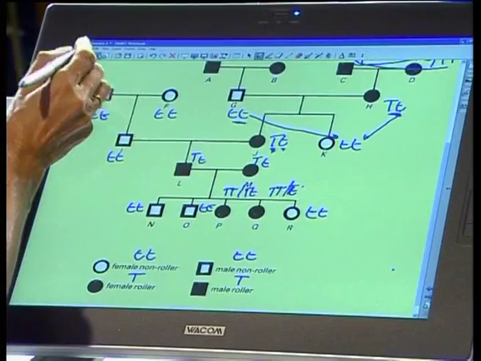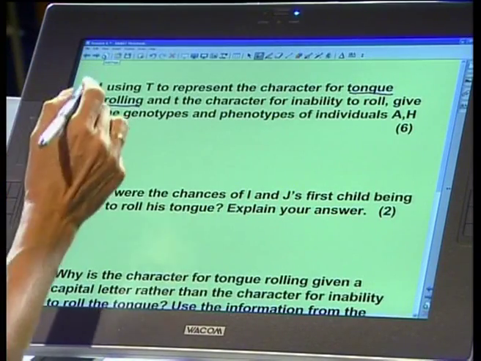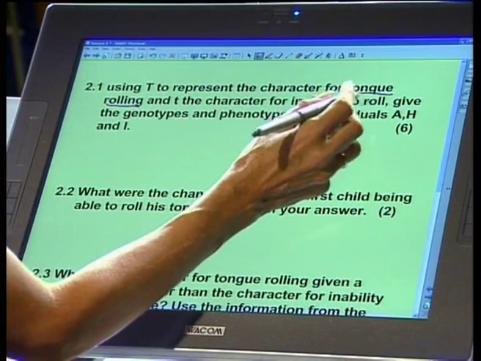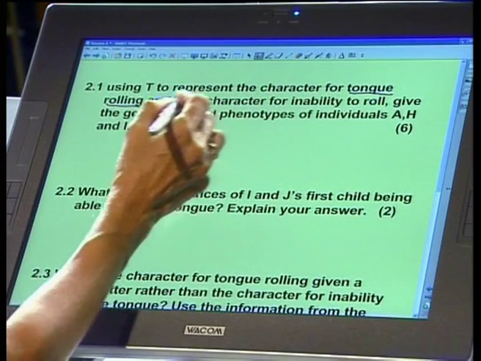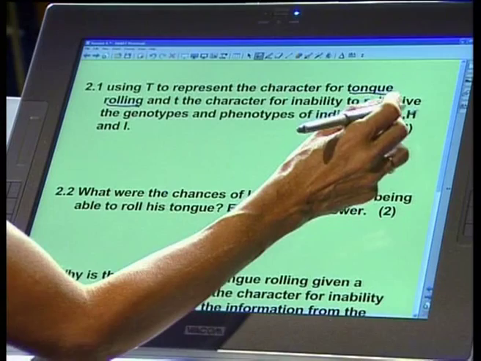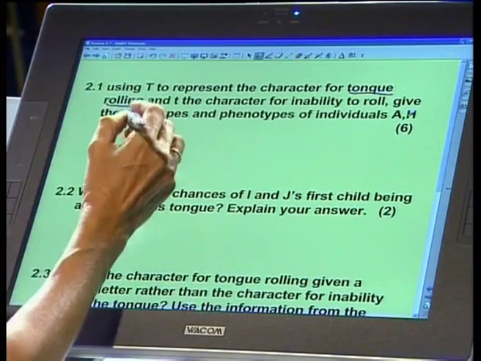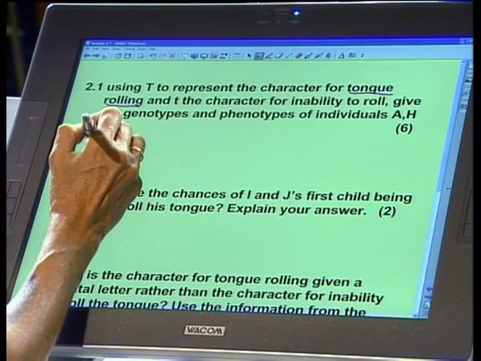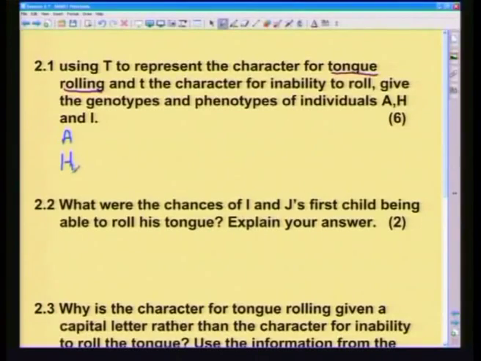Okay, now let's look at our questions. The first question says, using T to represent the characteristic and small t the characteristic for the inability to roll, give the genotypes and phenotypes of the individuals A, H, and I. Now the way I would write this in an exam is I would say A, H, and I. First thing they want is the genotype.